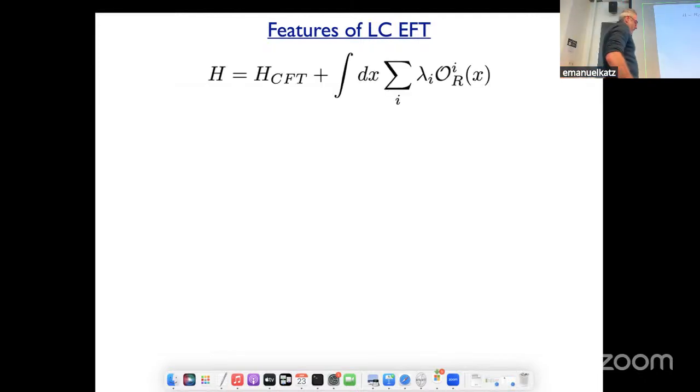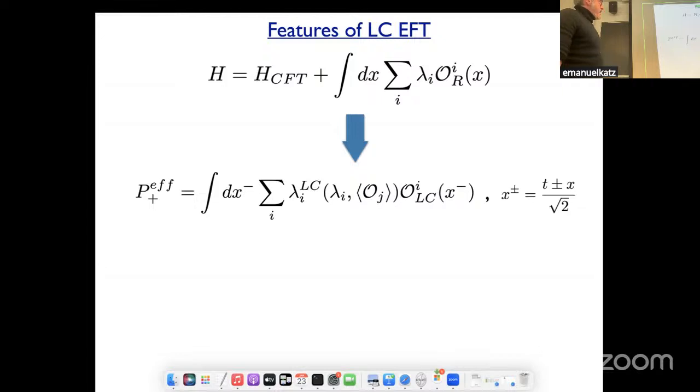So we don't know how to compute this effective Hamiltonian in all cases, but I'll give you some features and I'll show it to you in certain examples, including this E8 theory example. So the idea is you start from, again, a CFT and some set of relevant operators, and the large momentum limit looks like this.